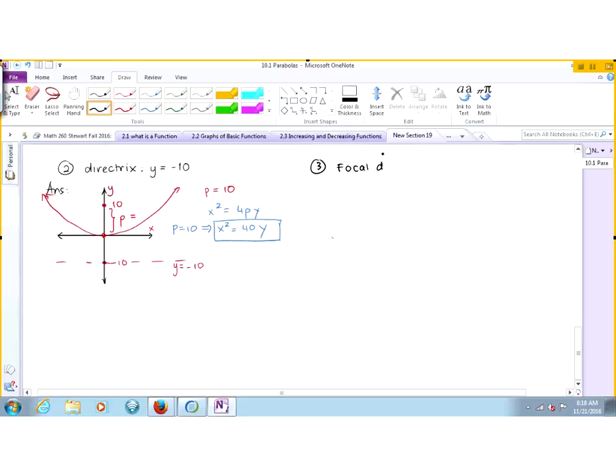Now, number 3. It says that focal diameter is 8, and the focus is located on the negative y-axis. What does it mean?